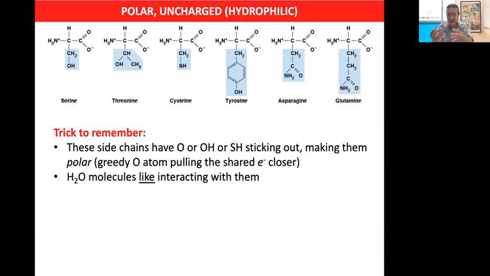Cysteine has a sulfur and hydrogen sticking out, making them polar, meaning they want to grab on to an electron and hold an electron close to them. So if water molecules are floating by, water molecules like interacting with them. They will surround them, and that makes these amino acid side chains very happy to stick out from a big complex protein into the surrounding water.